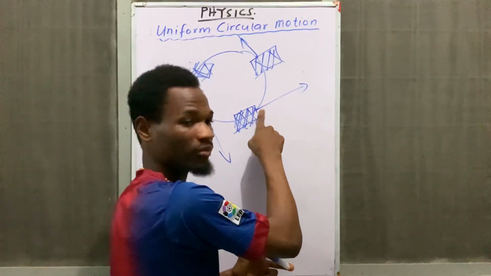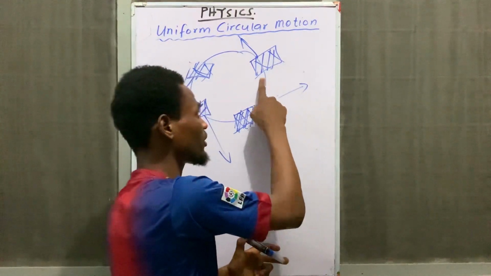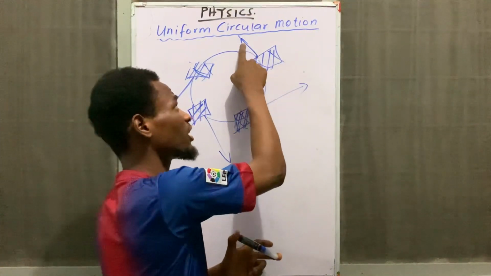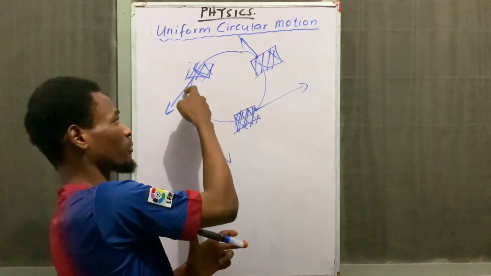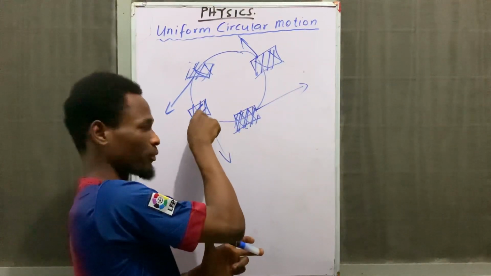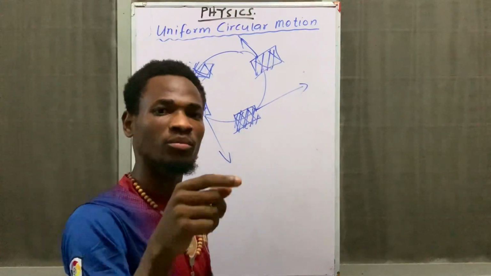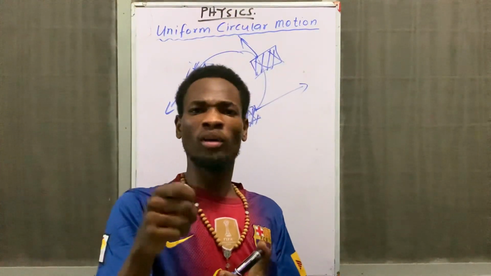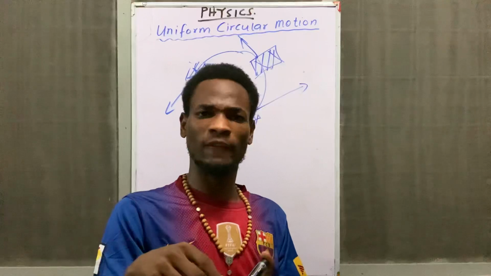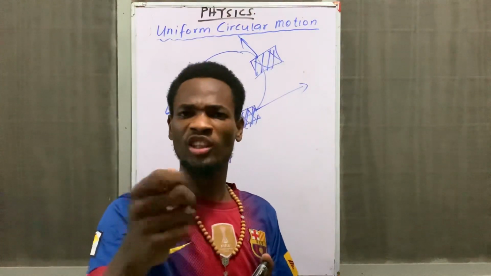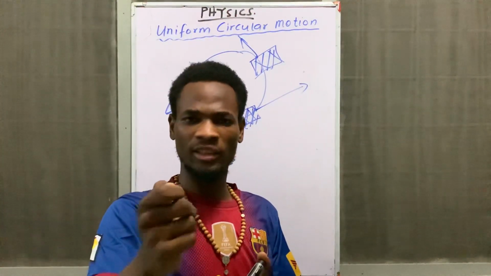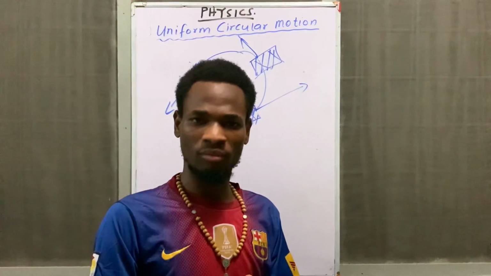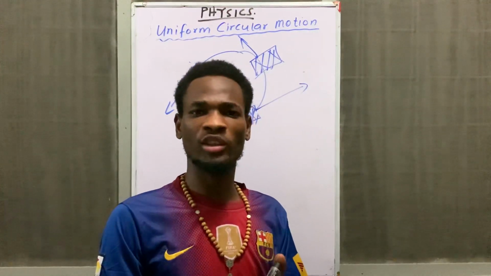At this instant it's pointing this way, and at this instant it's pointing that way. So if a body is undergoing circular motion, take note of this: the direction keeps changing. It is not constant. And now that's where velocity will set in.